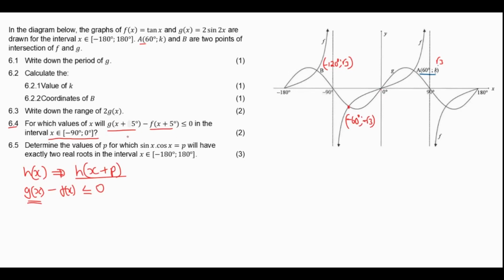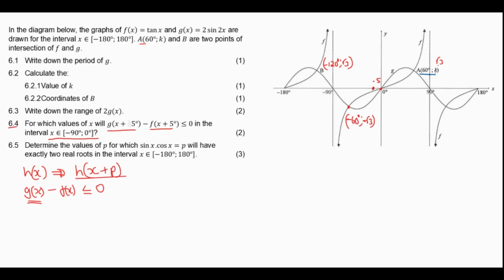It has been shifted by 5 degrees to the left. What has happened to f(x)? It has been shifted by 5 degrees to the left. So both graphs are just shifted by the same units to the left, meaning this point of intersection is shifted to the left by 5 degrees. Now it's going to be at -5.